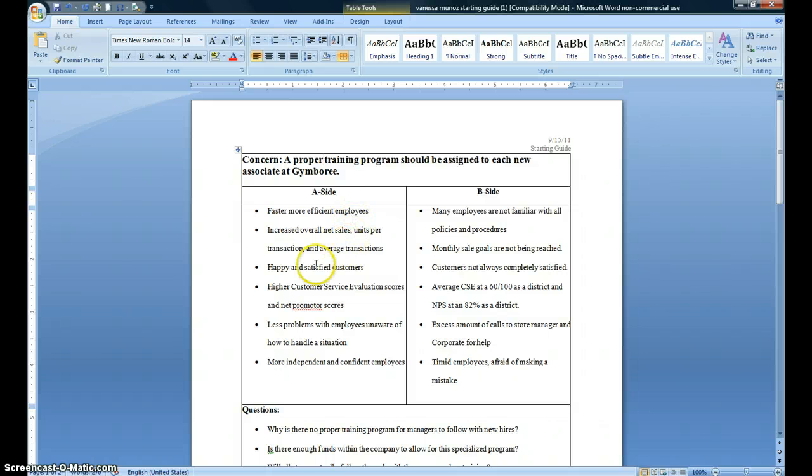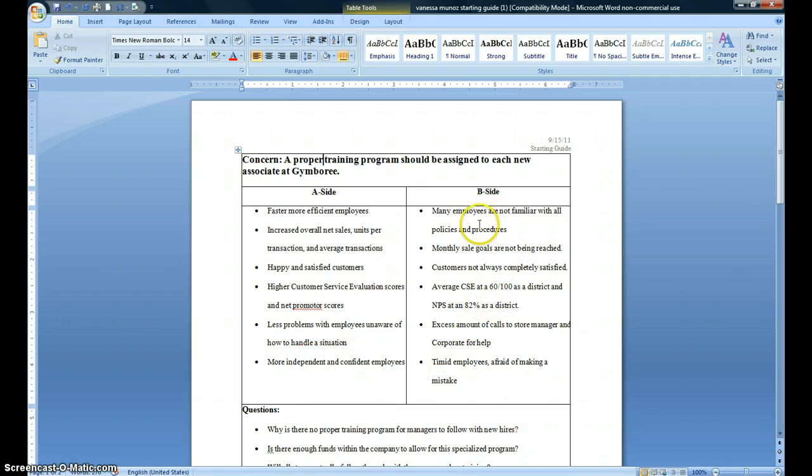Let's look at her A side. She values faster, more efficient employees. They value increased overall sales, happy and satisfied customers, excellent higher customer service evaluation, fewer problems with employees unaware of how to handle, and more independent and confident employees.